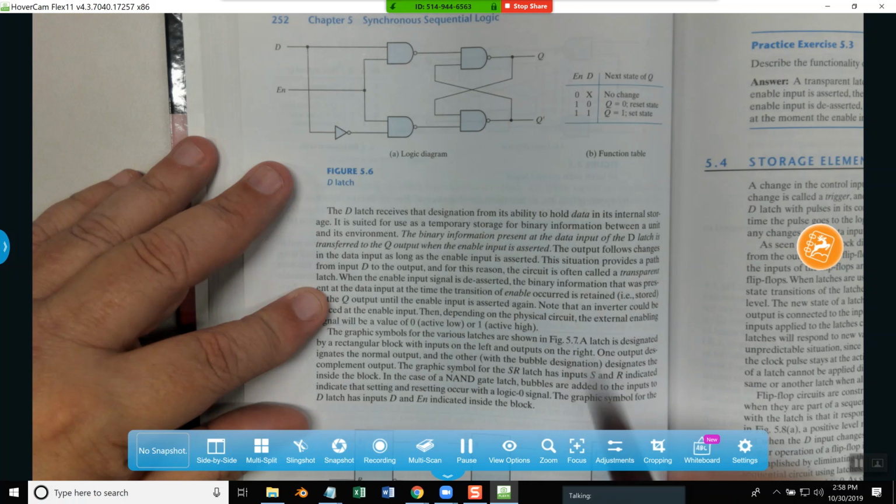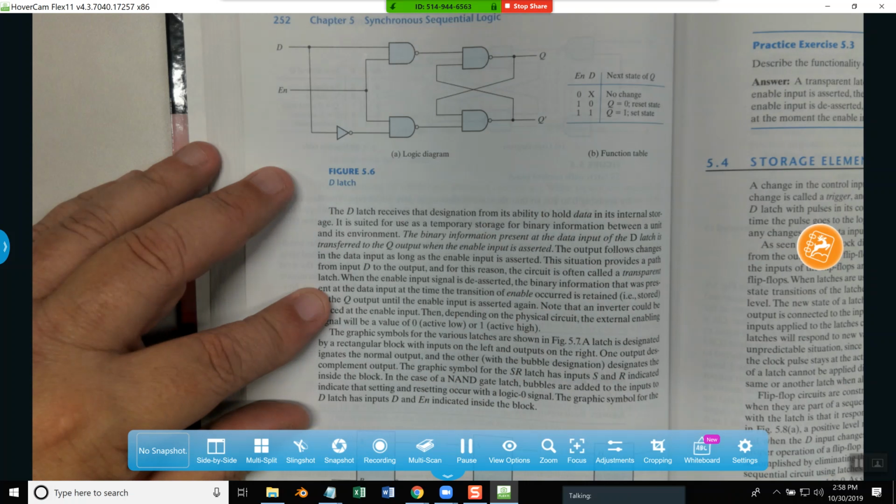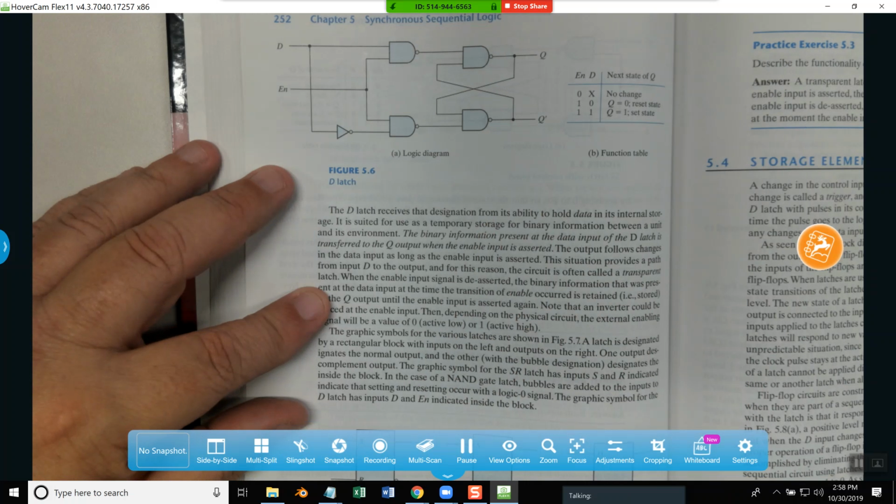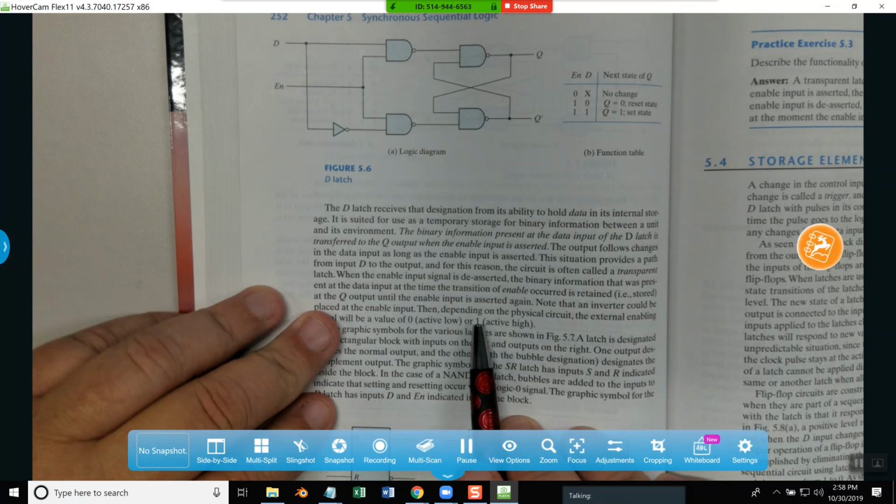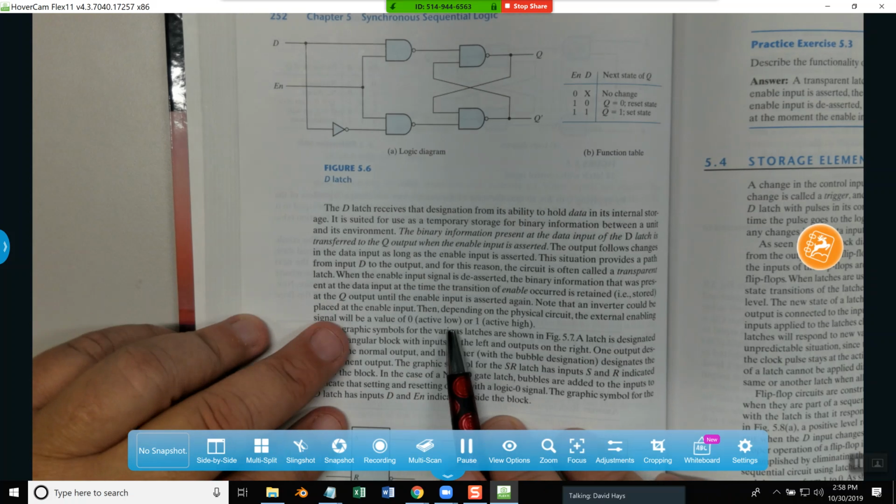Now, instead of writing that on every diagram from now on, this is how they'll represent it. Latch is designated by a rectangular block with inputs on the left and outputs on the right. So you got your S and R, and then your outputs coming out over here. The graphic symbol for the SR latch has inputs S and R indicated inside the block.